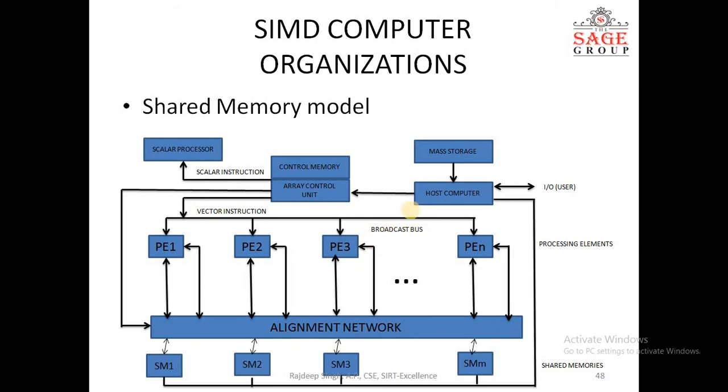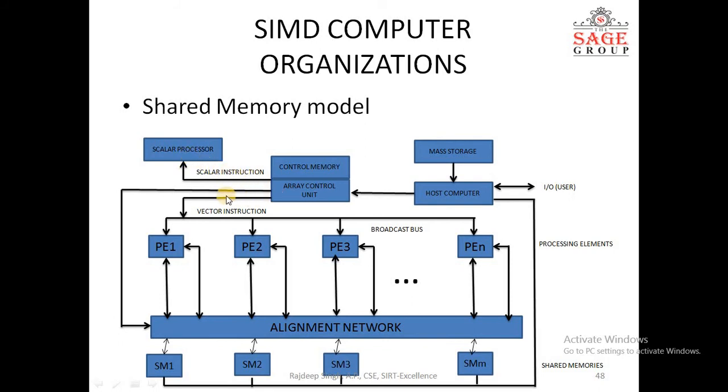Okay, now here as you can see in this diagram, again from mass storage, the program instructions will be loaded to the host computer. Here the array control unit and control memory are drawn in the same box. So the array control unit will decode the instruction. If it is of scalar type, it will go to the scalar processor and be executed.